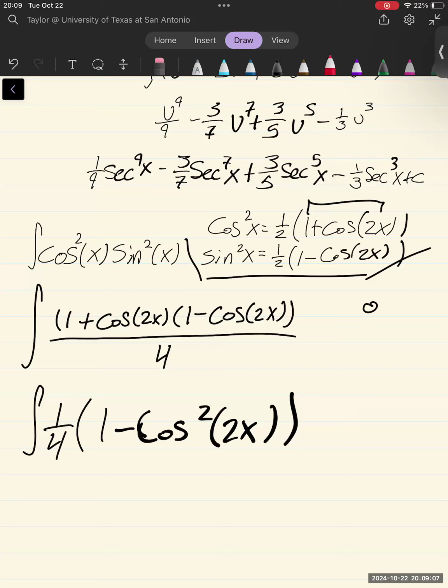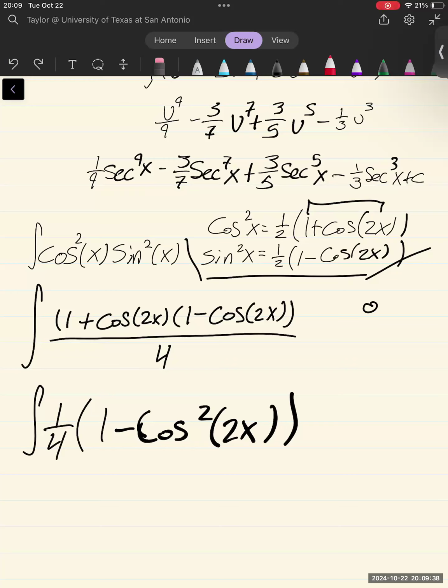We can turn 1 minus cosine squared into sine squared, right? But what happens when you have the integral of sine squared? In that case, I would end up back in this form. If I switch to sine and then did the power reduction again, I would get here.